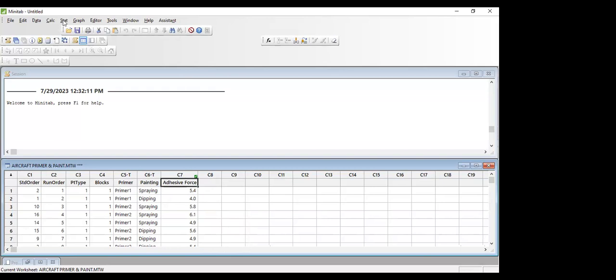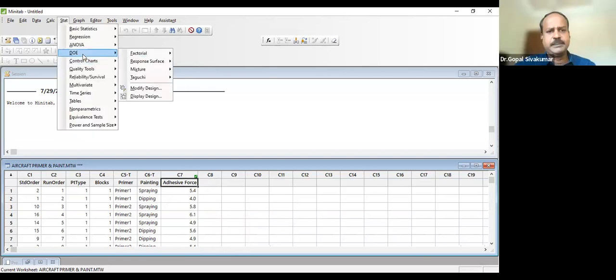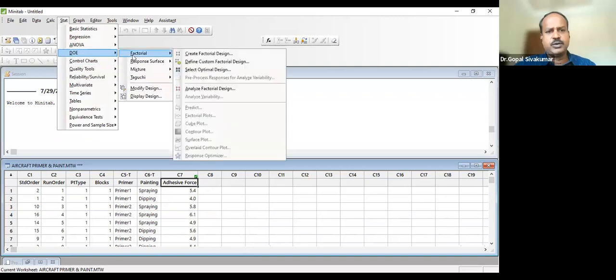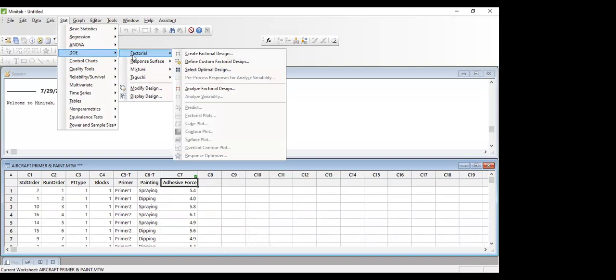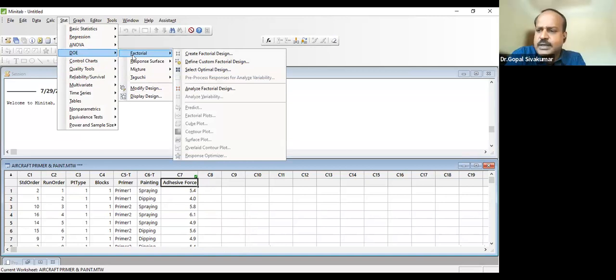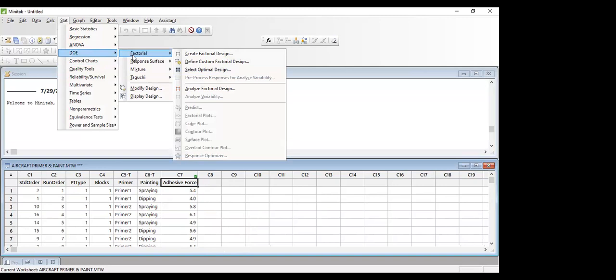So go to Stat, go to DOE, go to Factorial DOE. Why factorial? Factorial means all possible combinations are tested. How many combinations are possible for a 2-factor design with 1 at 2 levels and 1 at 3 levels? 6 combinations are possible, right?